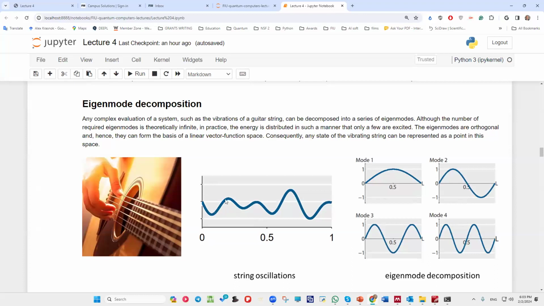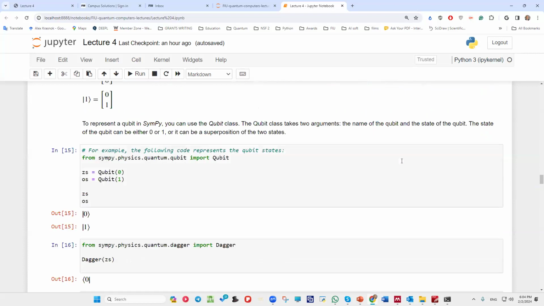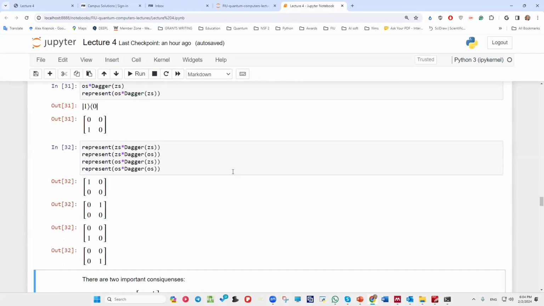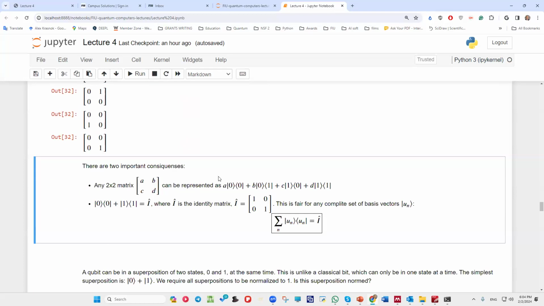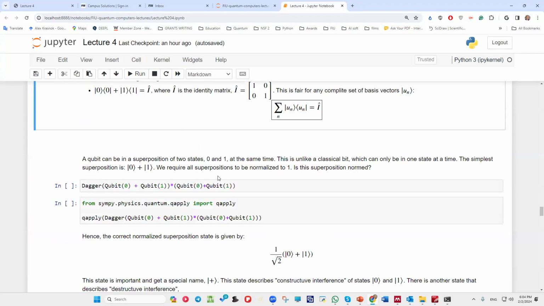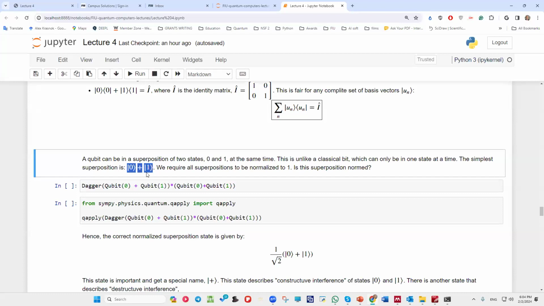Just as the real vibration of a guitar string is a superposition of eigenmodes of the string, in the same way the state of a qubit is a superposition of these two eigenstates, eigenstate 0 and eigenstate 1.